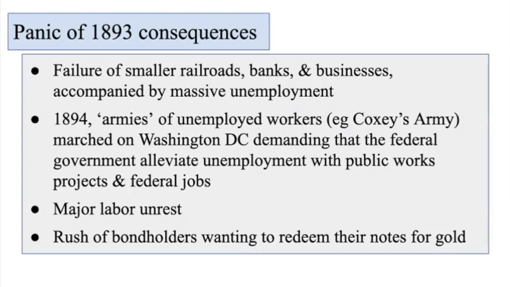These unemployed workers marched on Washington, D.C., demanding that the federal government alleviate unemployment with public works projects and federal jobs. The Panic of 1893 resulted in major labor unrest, and a rush of bondholders wanting to redeem their notes for gold, which banks were not going to be able to fulfill in that bulk.